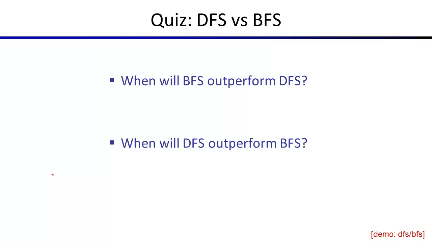I see. Good point. If you have a very large branching factor, depth first search goes really deep. It's exponential in the branching factor, of course, and it goes deeper than breadth first search. So it's going to be even worse to do depth first search with a large branching factor than breadth first search. Absolutely. Yes?